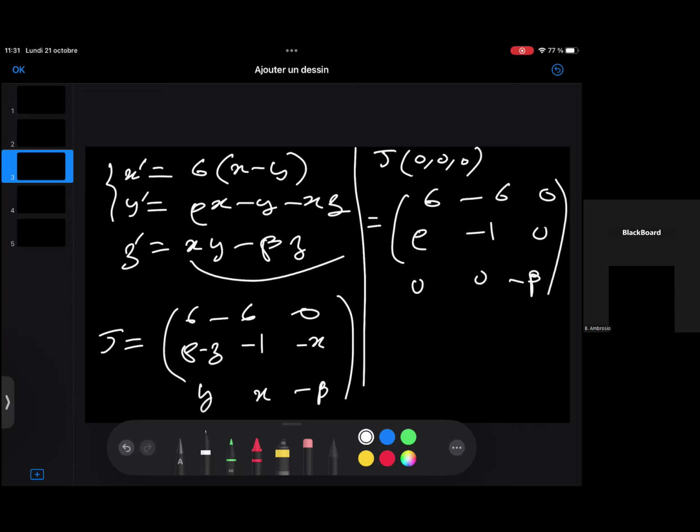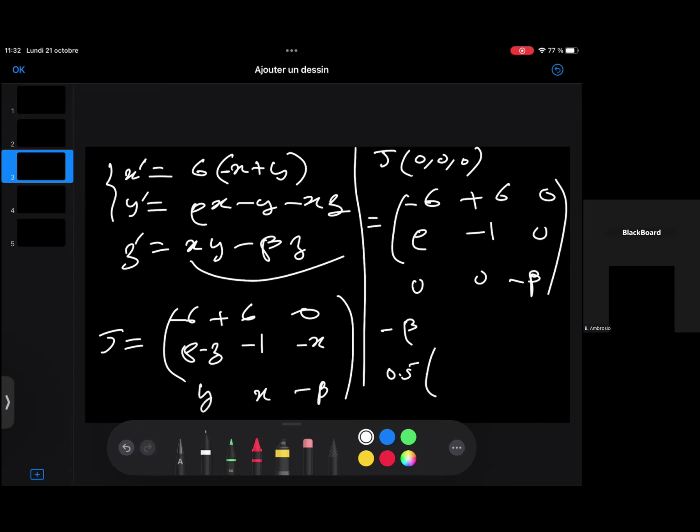And so the eigenvalues are then minus beta, and we'll have, actually it's that, right? Okay, because I made a mistake here.